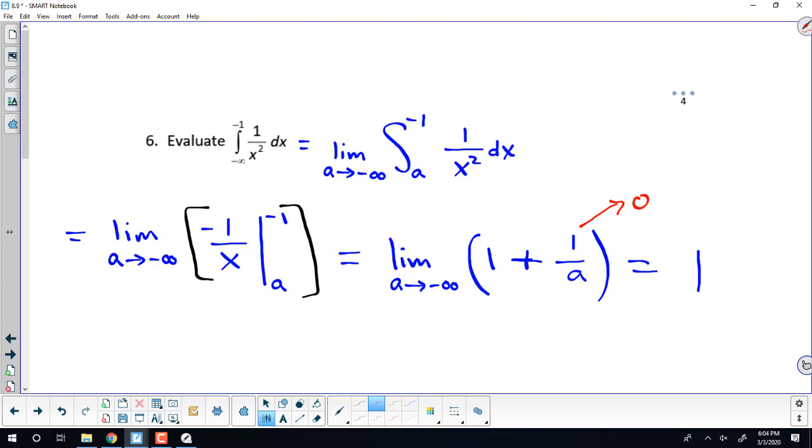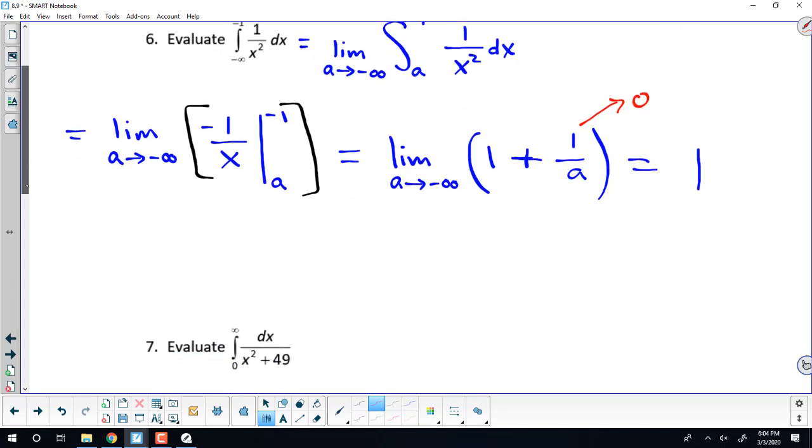So in the instance of this function, just looking at it visually, we have a finite answer, a finite number, which is convergent. There's our function, 1 over x squared from negative 1 to negative infinity.